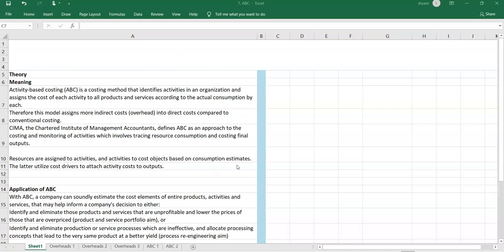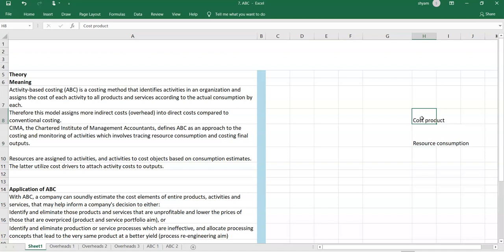So what they do is they try to find out what is the cost of a product. ABC assumes that the cost of a product is increased or decreased because of the resource consumption, how much resource this product consumes.